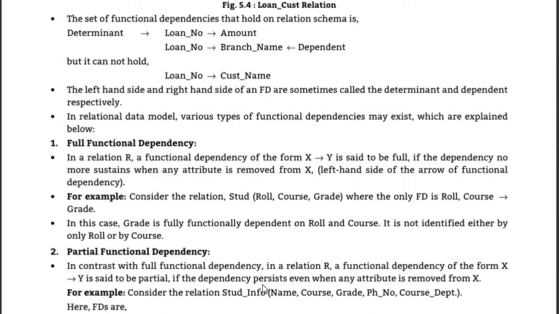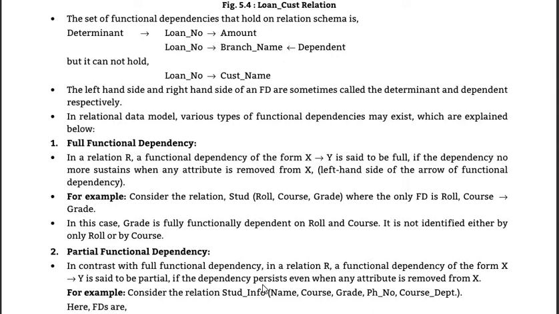As I said earlier, X determines Y is full functional dependent if and only if the dependency no more sustains when any attribute is removed from X.